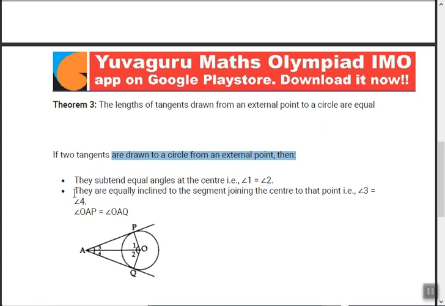Similarly, they are equally inclined to the segment joining the center to that point. Means this 3 and 4. AO is a horizontal line and these two are equally inclined, so 3 equals 4. That's the meaning of these two given sentences.